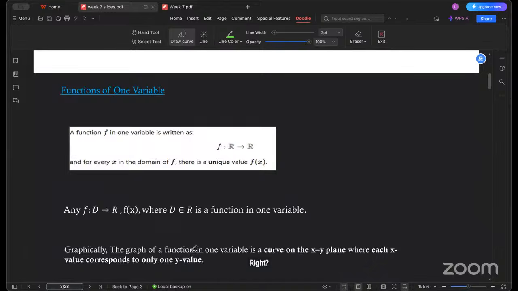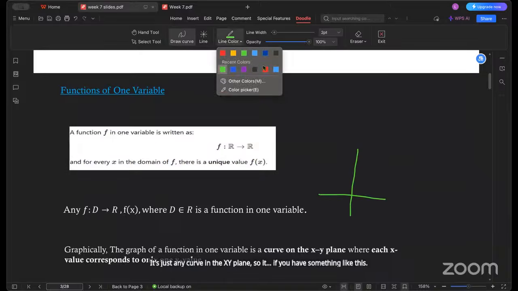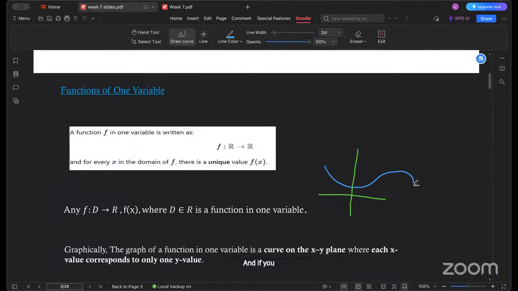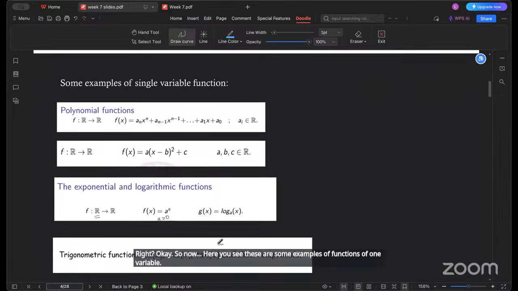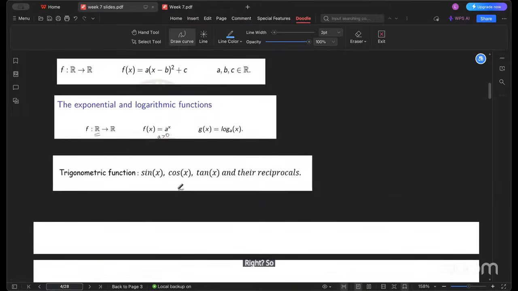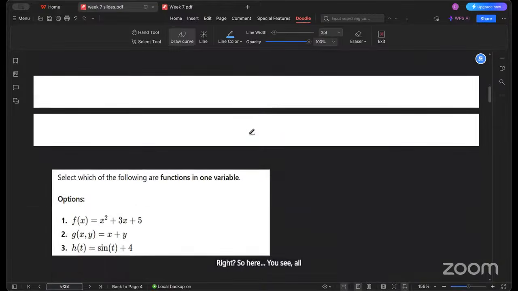And how do the graphs look like? The graph of a function in one variable is just any curve in the xy plane. So if you have something like this, this is a function of one variable, right? Here you see these are some examples of functions of one variable, all familiar functions.